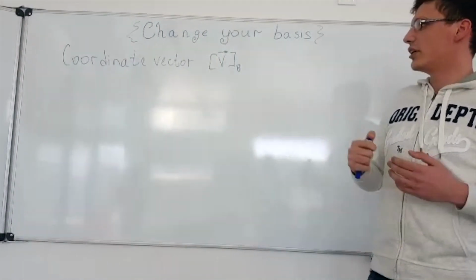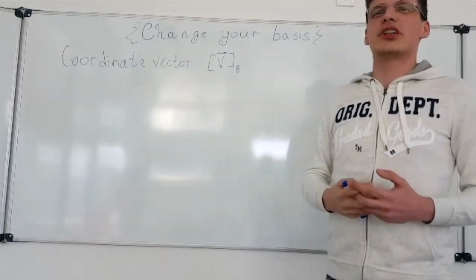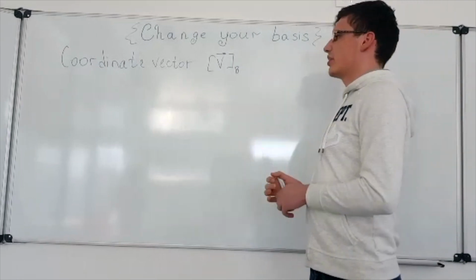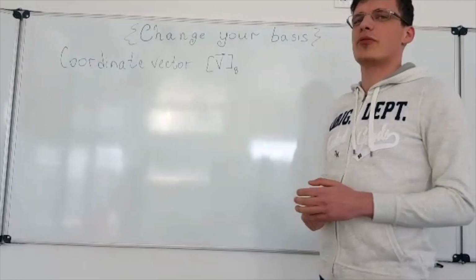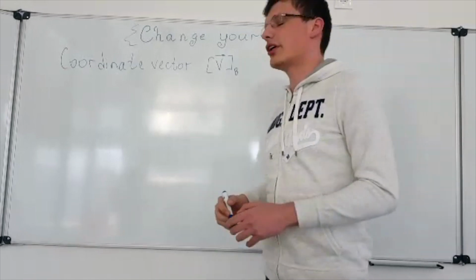The coordinate vector is the representation of a vector as an ordered list of numbers which describe the vector in terms of a particular ordered basis.